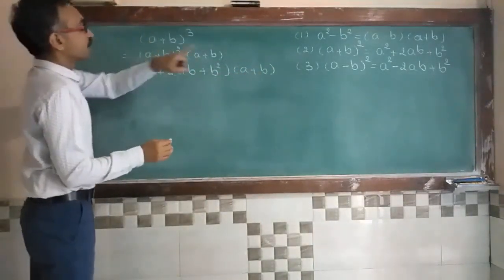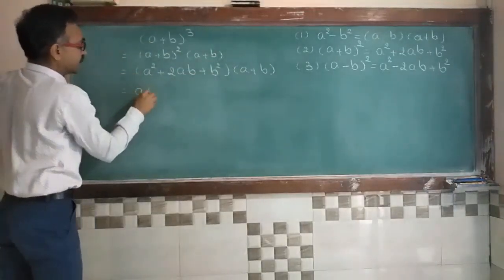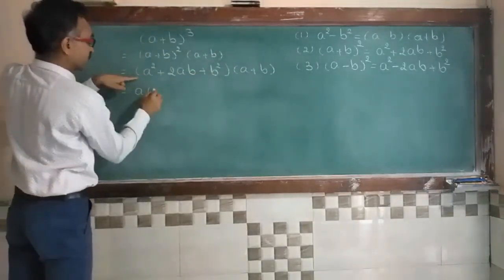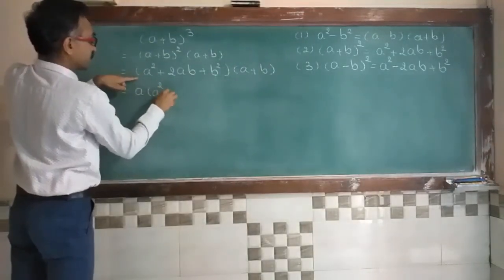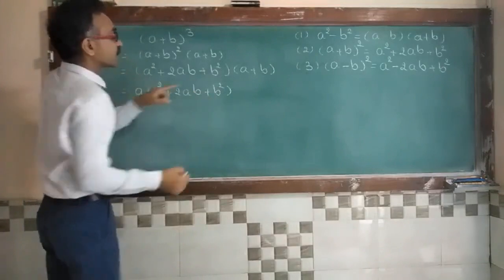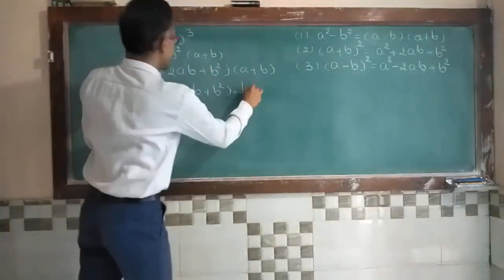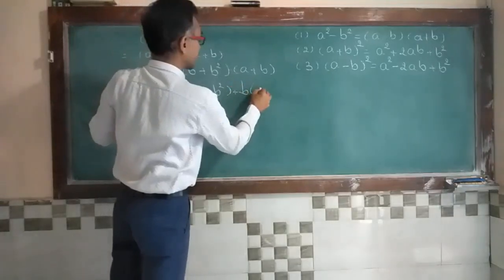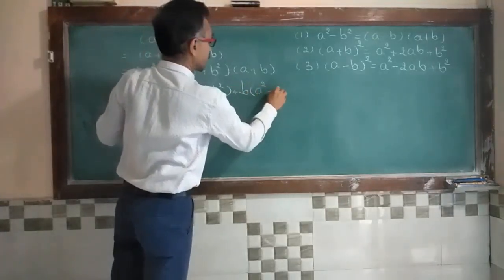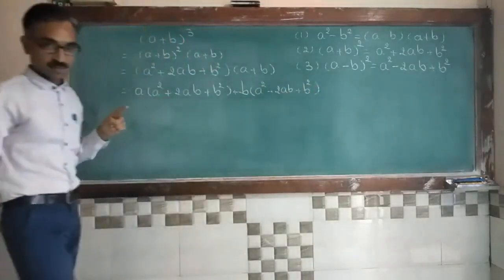Now see, the first term of the second bracket is a into the first bracket a square plus 2ab plus b square, then plus b into again the first bracket a square plus 2ab plus b square.